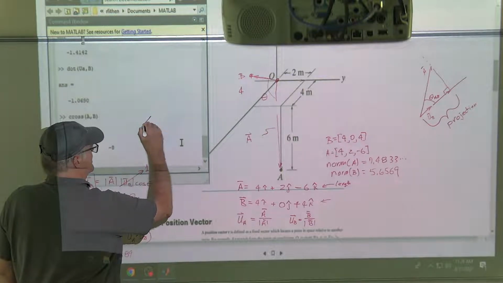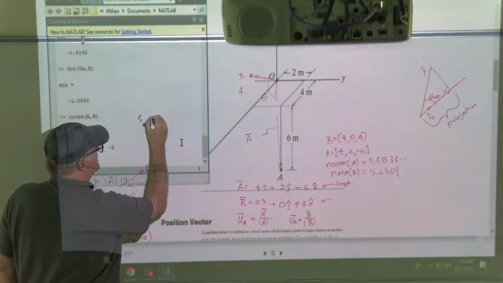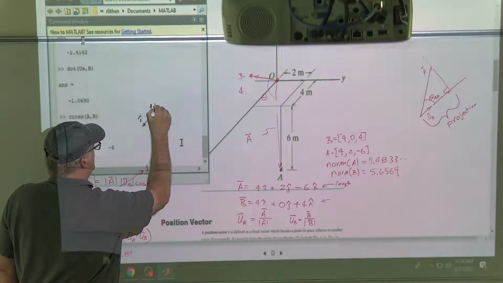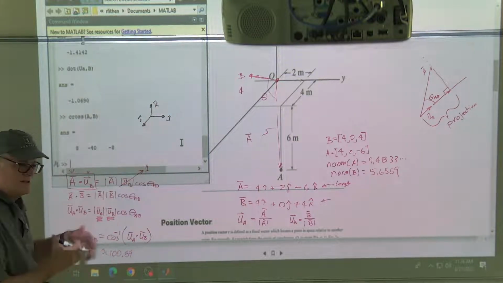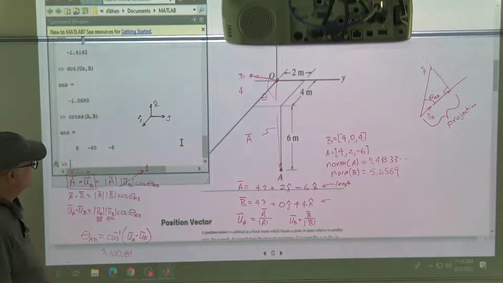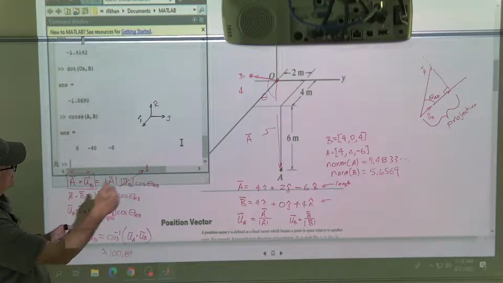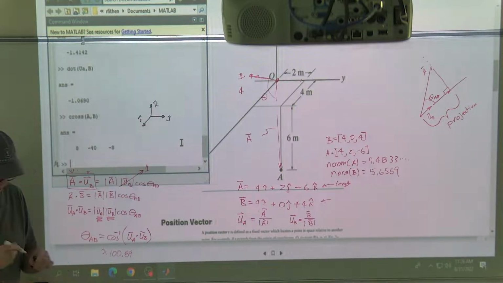Okay, so I'm going to use my I, my J, and my K, right? Just because we're here and I introduced this, let's just look at it. So in a right-handed coordinate system, if I take I and cross with J, what do you think I get? Let's see if MATLAB will agree with us here.